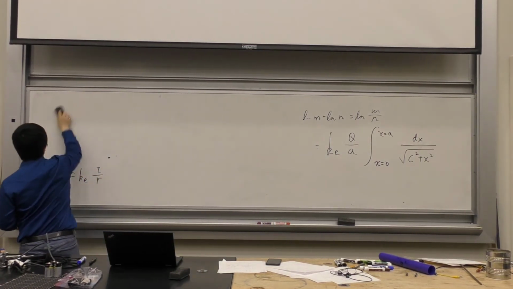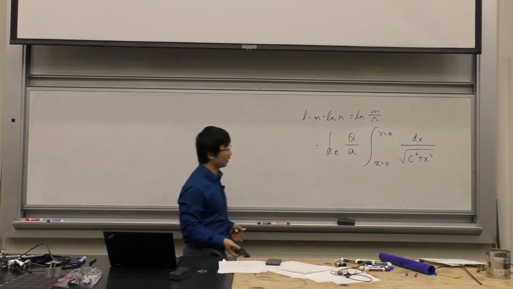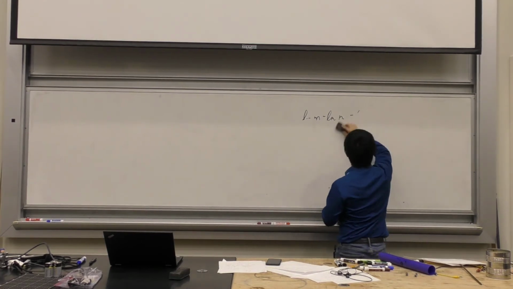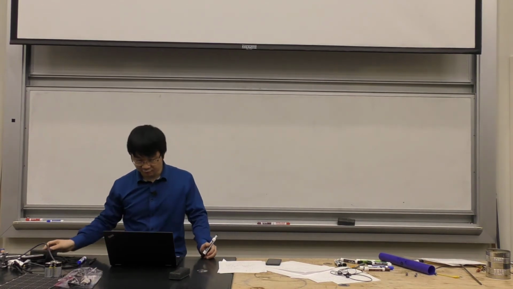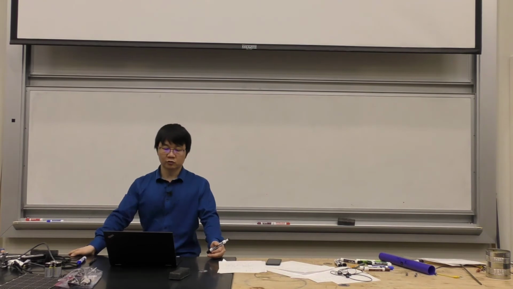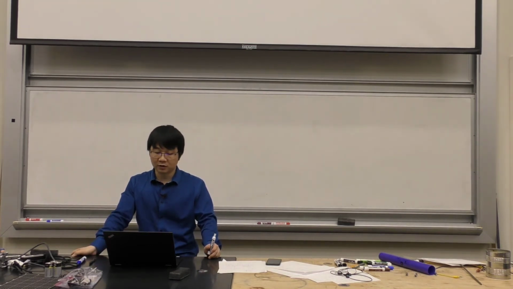Now we want to define something so we can make predictions and explain experimental results. We define a thing called capacitance, because for any particular capacitor, the ratio of the charge to the potential difference is always a constant.